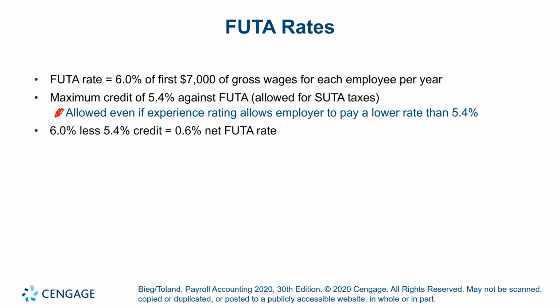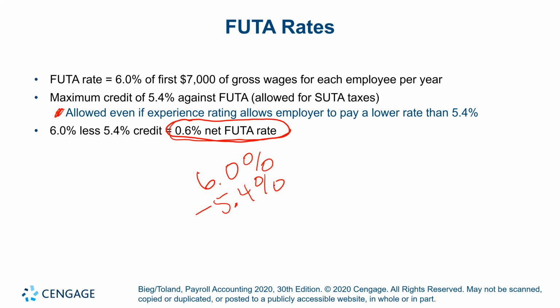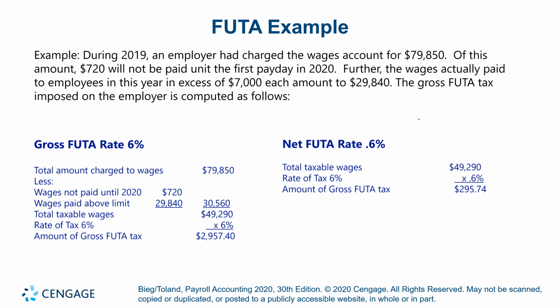So the actual net FUTA rate is 0.6%, that's the 6% minus the 5.4% credit. Companies get that credit even if they pay a lower rate than that in their state.